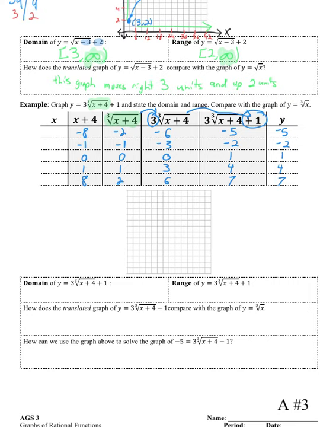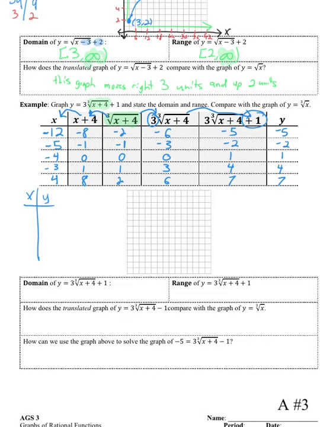And then going to the left, I'm going to cube each of these values from the radical. And then after I cube them, I've got to do what's the opposite of +4? So I'm going to subtract 4 from each of them. So it's going to be -12, -5, -4, -3, and 4. That's how I would get my X and Y values.